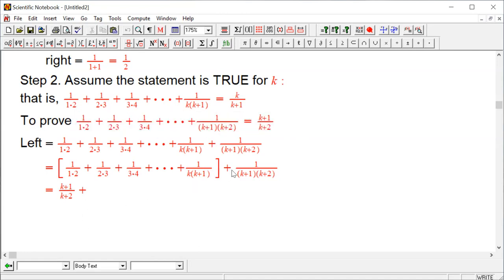And now we're going to add the other piece. And now we're going to find a common denominator. The common denominator will be k plus 1 times k plus 2.